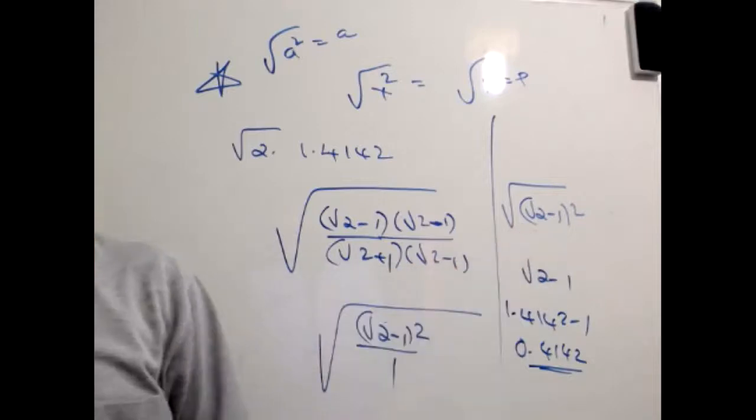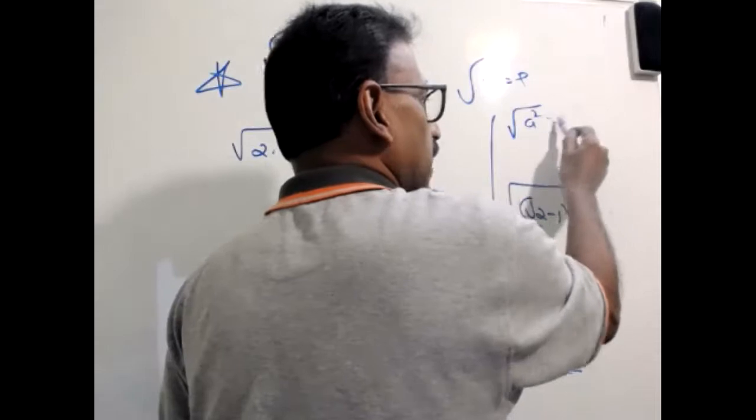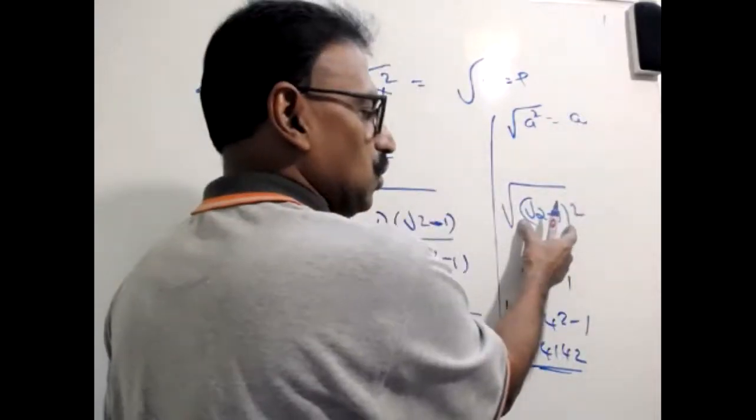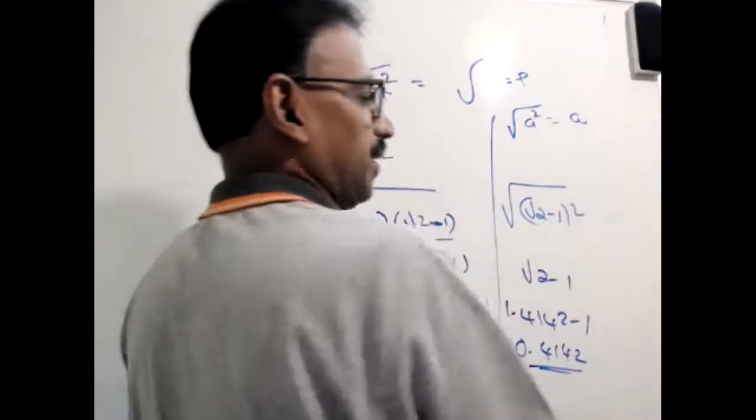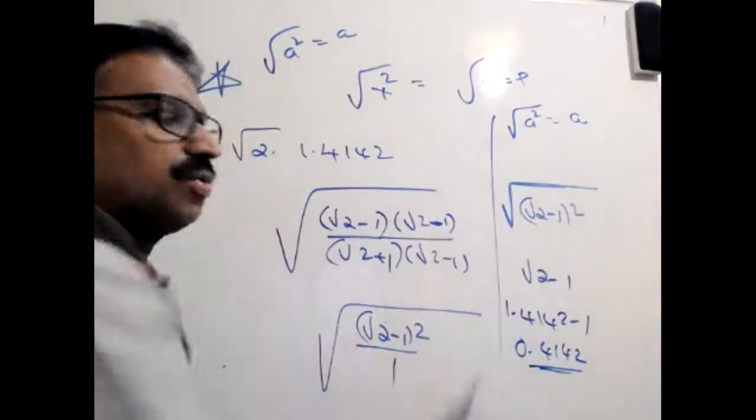Because it's a square, root of a square equals a. Here, root of root 2 minus 1 whole square, a big root in a big root, that's why it is root 2 minus 1.